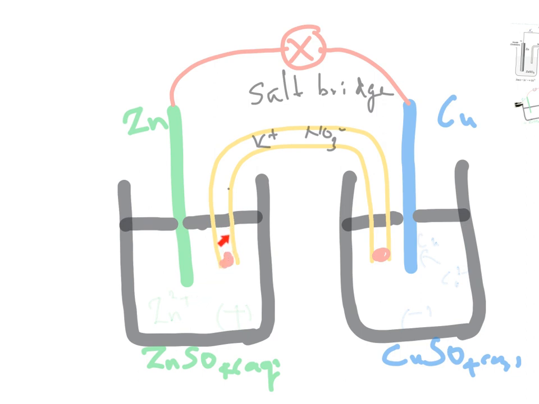For example, in the zinc compartment, as it is positively charged, it can release nitrate ions into this compartment in order to balance this, or in order to make this solution electrically neutral.